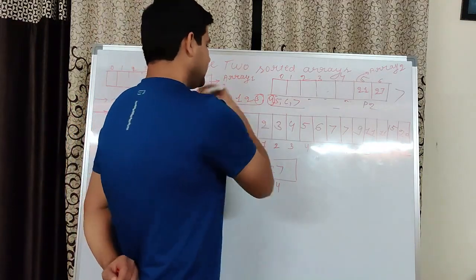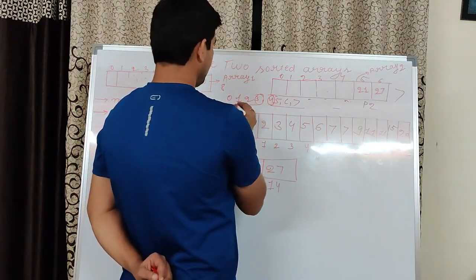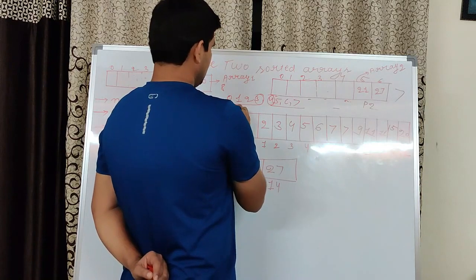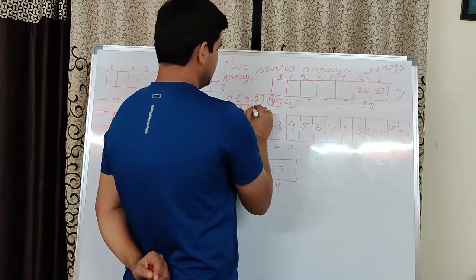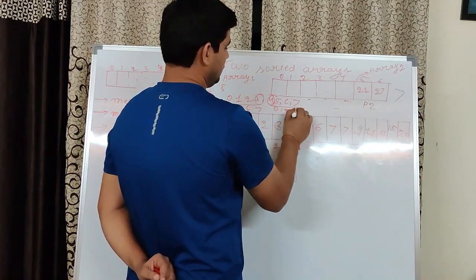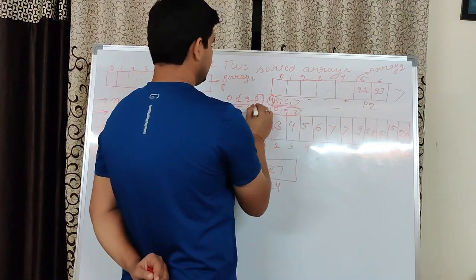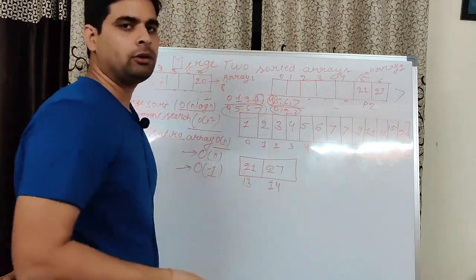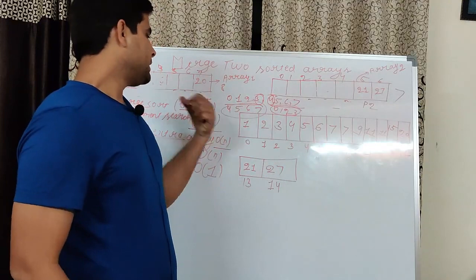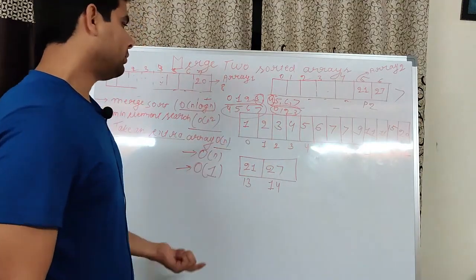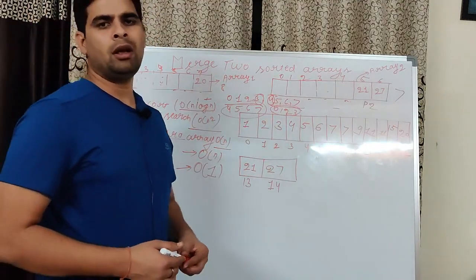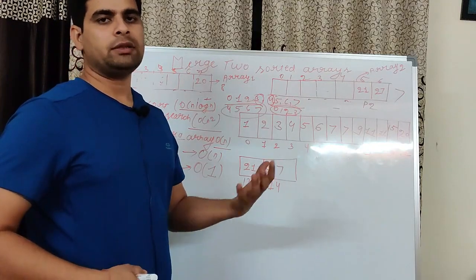Now if I reverse it, let's say we have 4, 5, 6, 7 and 0, 1, 2, 3, this is my array 2 and this is my array 1. In this scenario the same algorithm applies, the order of 1. So in this way we can solve this.